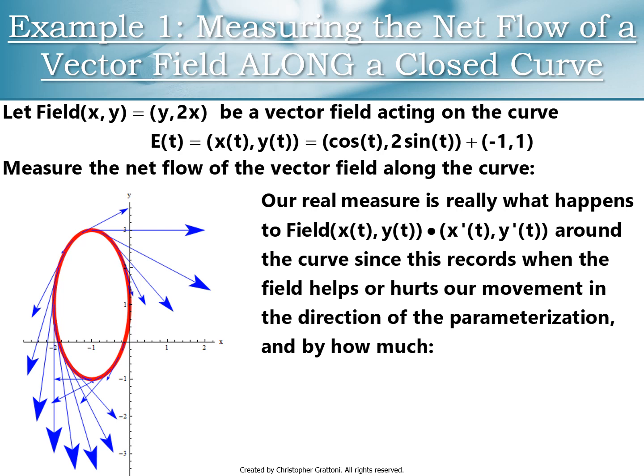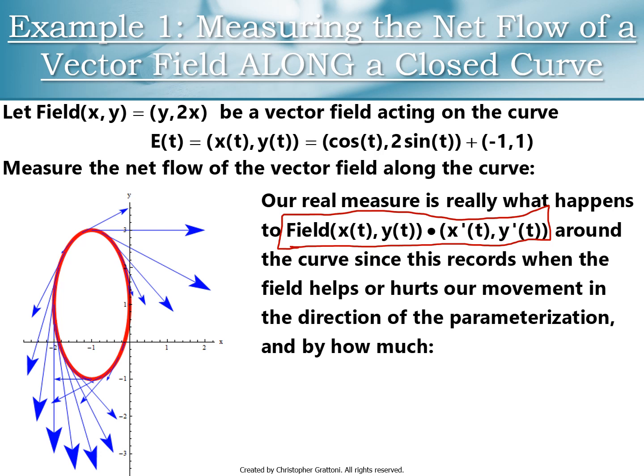If you look at the expression from the previous slide, the part that really measures whether the field vectors are with or against the tangent vectors is the numerator of that fraction. Field.tangent is what's giving us our measure of whether the field vector is with the tangent vector at a particular point or against it.